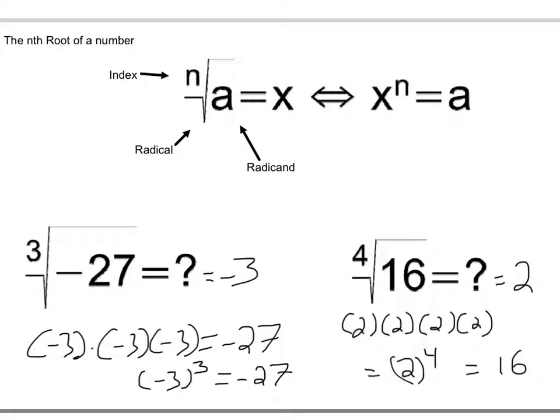And so in both of these cases, I've determined what number, 2 or negative 3, times itself the number of times indicated by the index, 4 or 3, equals the radicand, 16 or negative 27. Negative 3 to the third power is negative 27. 2 to the fourth power is 16. And that's why the cube root of negative 27 is negative 3, and the fourth root of 16 is 2. That's how you evaluate the nth root of a number.